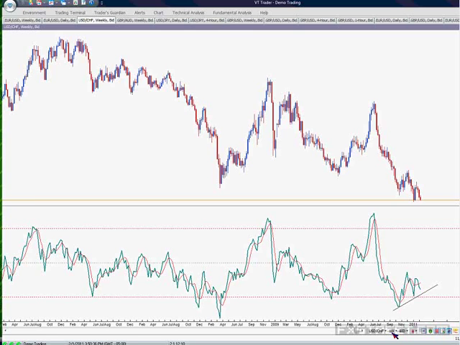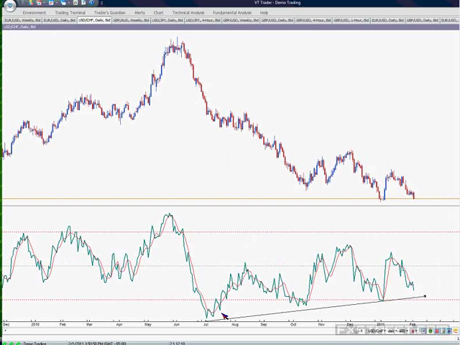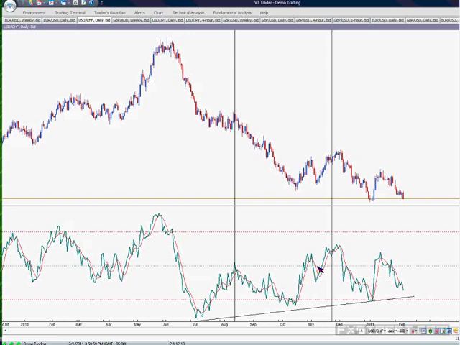Let's look at the daily time frame. Daily time frame RSI shows an extended divergence, and actually this is where we have a negative reversal signal.